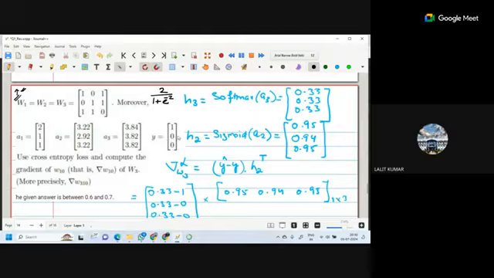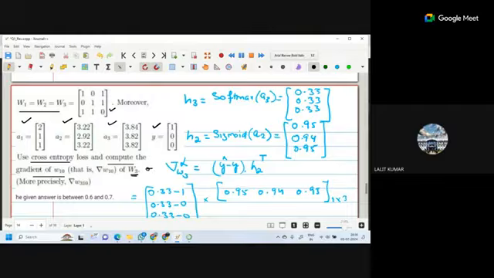For example, they have given W1 equal to W2 equal to W3, these values. They have given A1, A2, A3, and the true Y. Use cross entropy loss and compute the gradient of W3, the entry in the second row, first column.